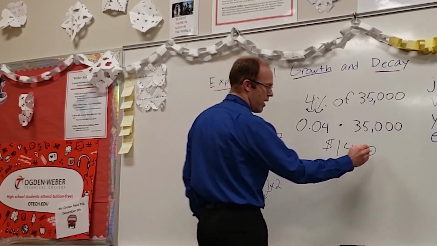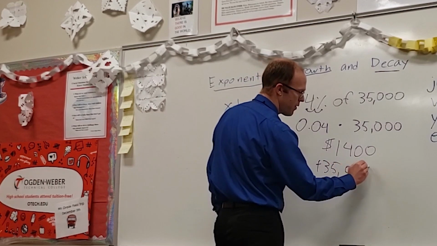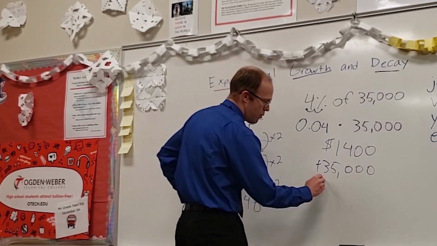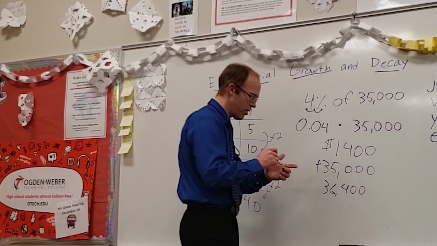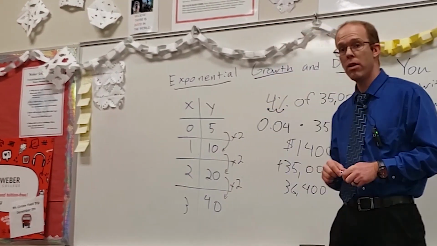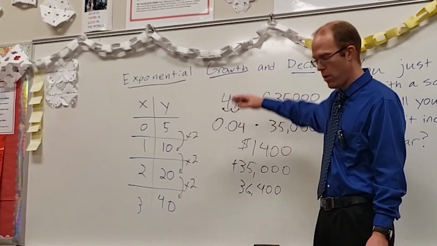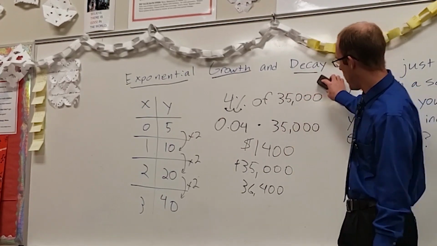And then if we add that back into our original salary of $35,000, the next year's salary would be $36,400. And we can continue this process if we wish. However, with exponential functions, we're able to shorten that process. I want to show you how, and then we'll start to apply it.